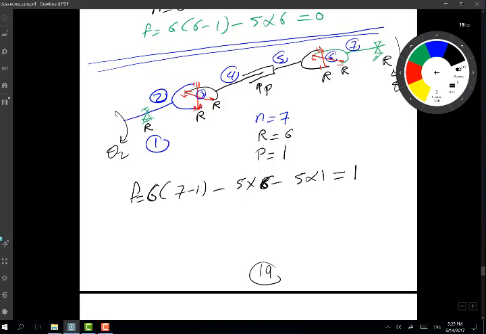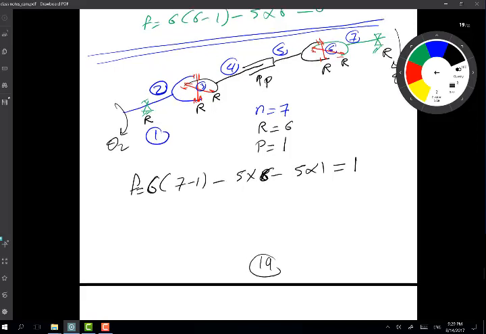All right, so there is a question, just to finish off this lecture, on the topic of degrees of freedom.